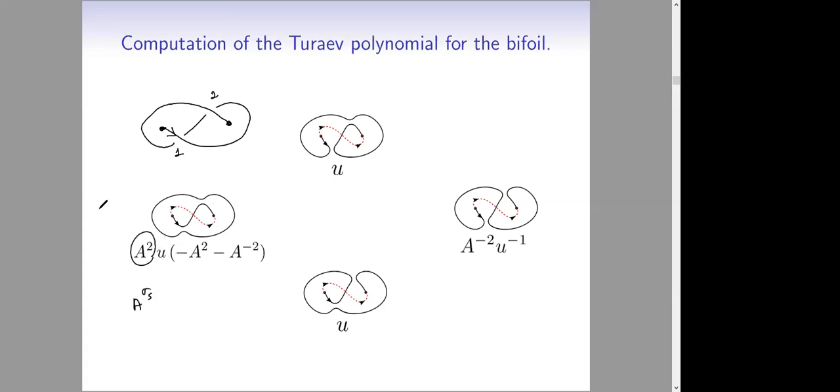In this case, sigma s is 2 because both are 0 resolutions, so 2 zero resolutions minus 0 one resolutions, so it's a to the power 2. The same thing is true for this one. Here, this is a 0 resolution, this is a 1 resolution, so sigma s will be 1 minus 1. That's why there is no a term here. And also there is a single component here. That's why there is no such term in this resolution.